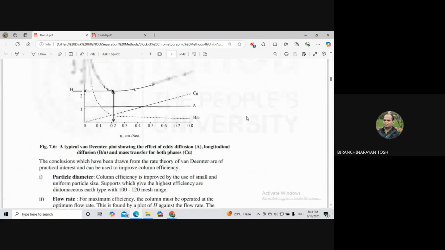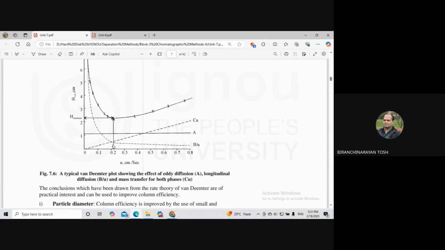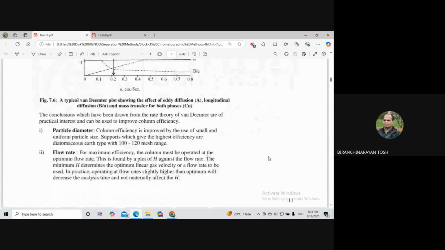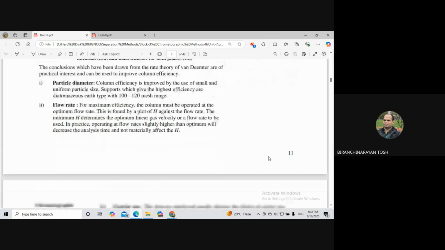As in this case, this is the minimum, optimum flow rate, 0.2 centimeter per second nearly. So in practice, operating at flow rates slightly higher than optimum will decrease the analysis time and not materially affect the H.